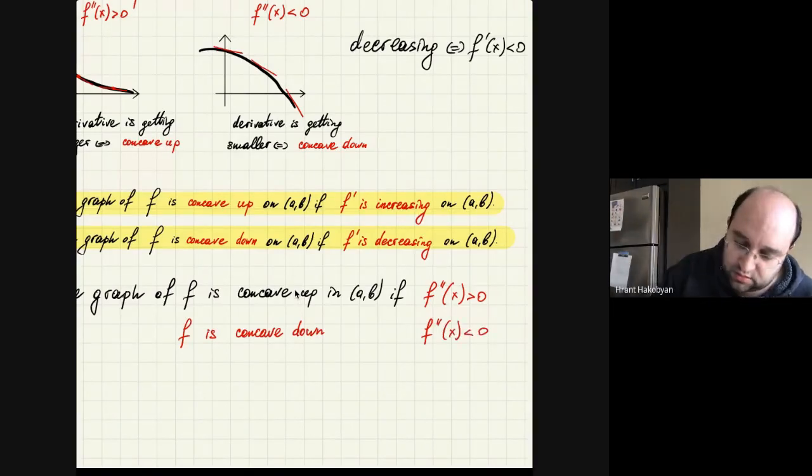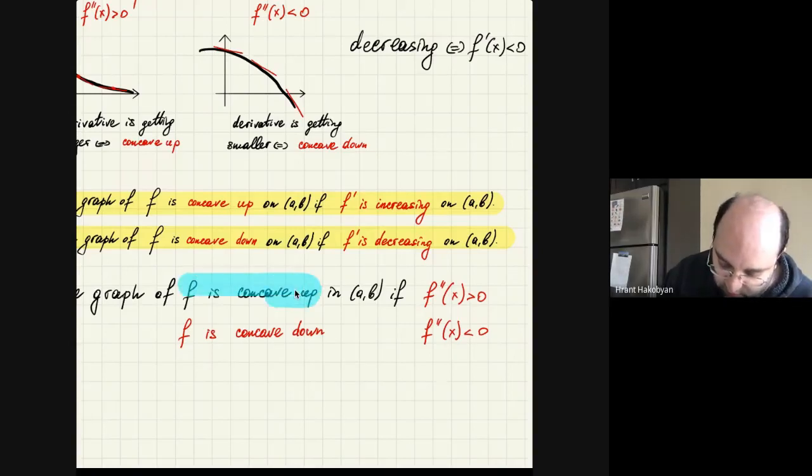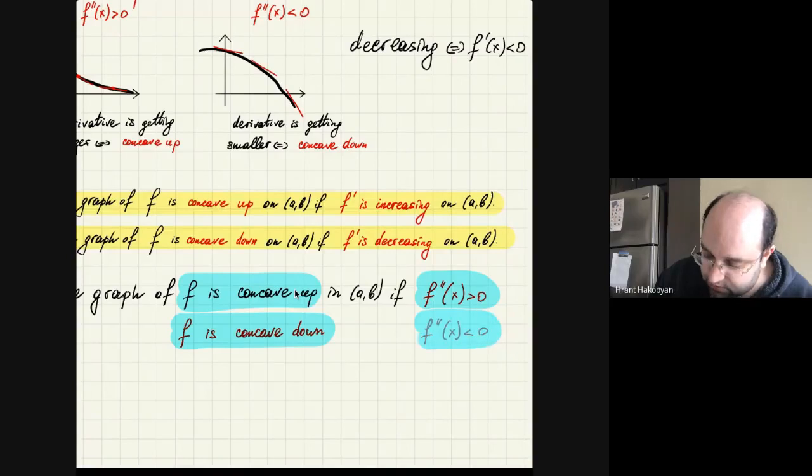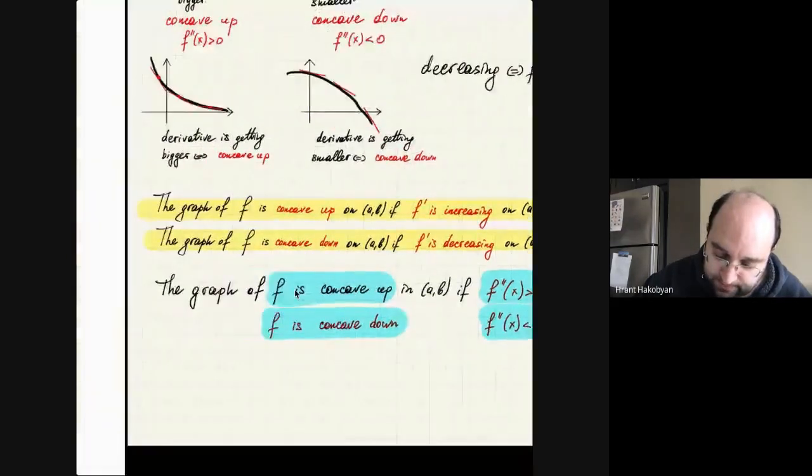So that's how we figure out if the function is concave up or concave down. In many situations we will have to find the intervals where the function is concave up or concave down.